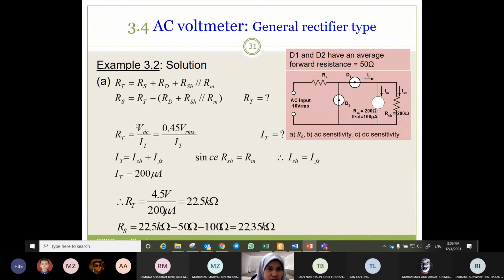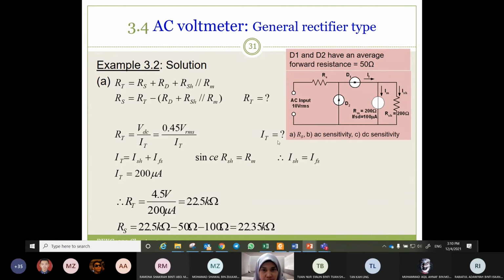R total is equal to VDC over I total. This is a half-wave rectifier circuit, so R total is equal to 0.45 Vrms over I total. VDC or V average for a half-wave rectifier is equal to 0.45 Vrms. We know Vrms.